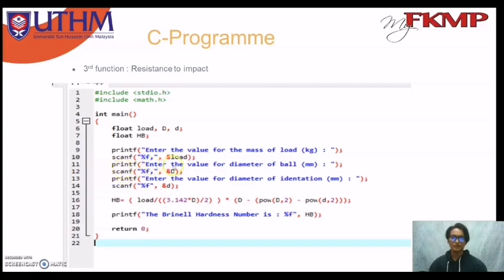Then we enter the value for diameter of ball in millimeter and then we scan the value into float capital D. Next, we enter the value for diameter of indentation in millimeter and then we scan the value input into float small d. For the calculation, HB is equal to load over pi capital D over 2 times capital D minus square root of capital D square minus small d square. Lastly, we print the final output, which is the Brinell hardness number is %f HB, return 0.